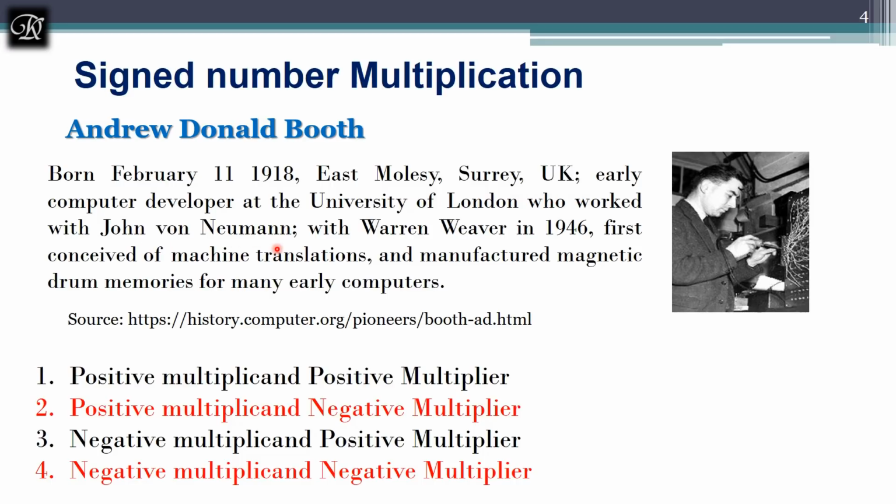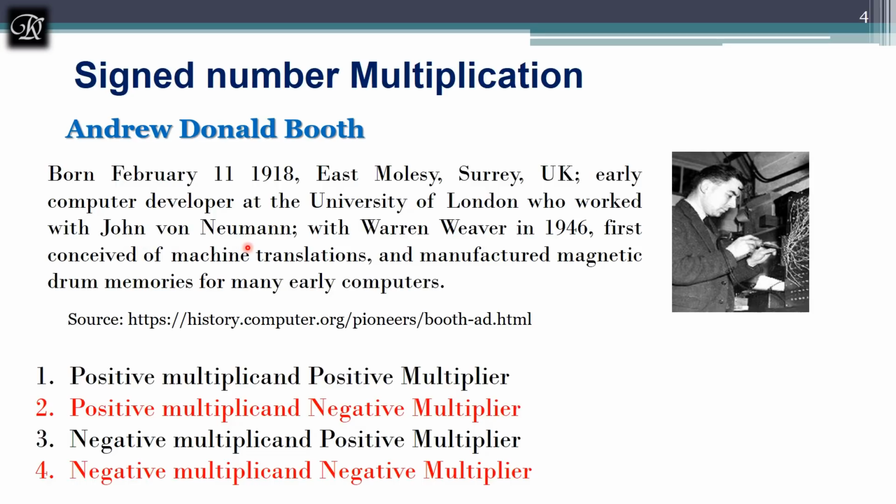You might have heard about this scientist, who is a revolutionary for the computer, who found the stored program concept, and he is the first person to manufacture magnetic drum memories for early computers in the first generation. We are using computers so popularly today because of the stored program concept, and the main person behind that is John von Neumann.